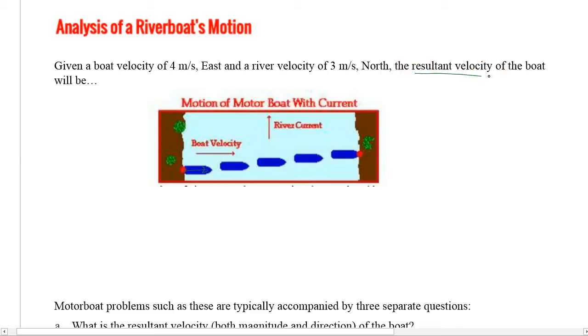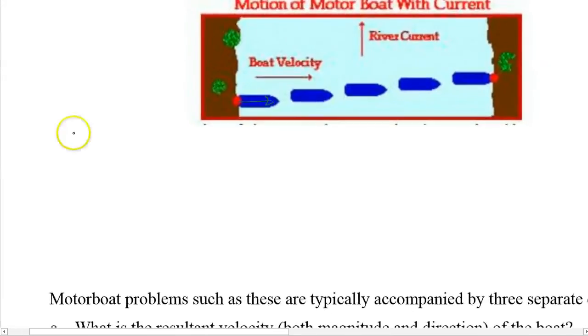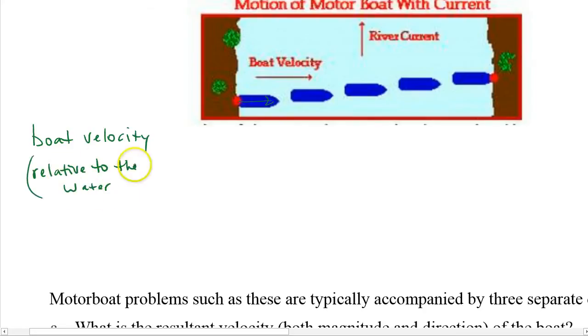So we're going to say the same thing that we said before. We're going to say that the boat velocity, this is the velocity of the boat relative to the water. Just like before, we had plane velocity, and that was the velocity of the plane relative to the air.